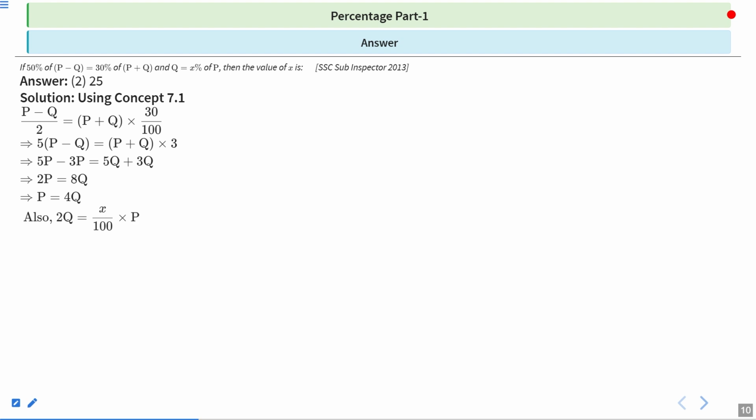Now it is also given that Q equals X% of P. Clear? So Q will become X upon 100 into 4Q, which is equal to 4X upon 100 equals 1. Simplifying it, we get the value of X, which is 25.